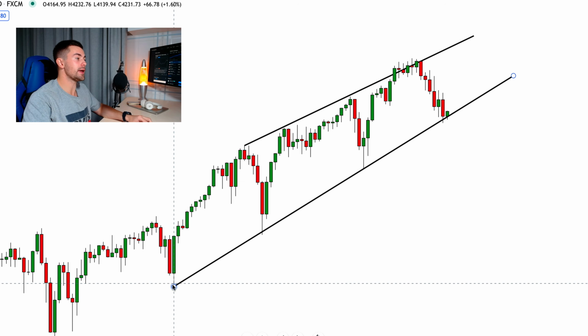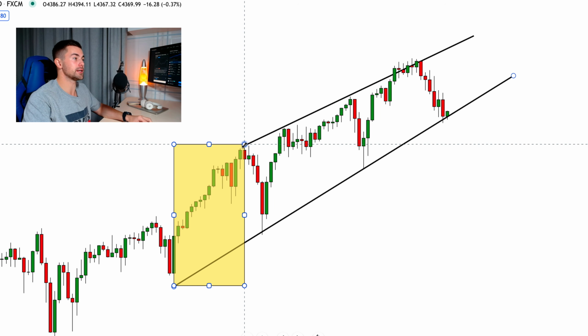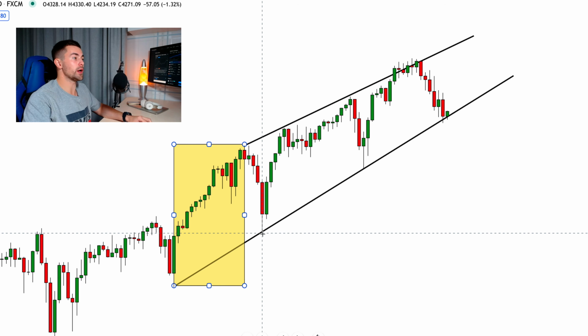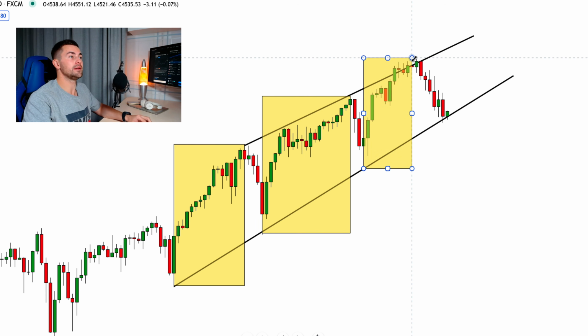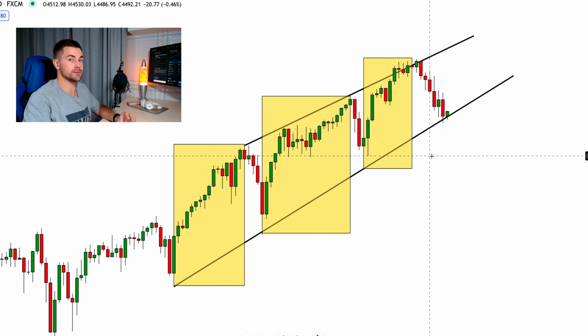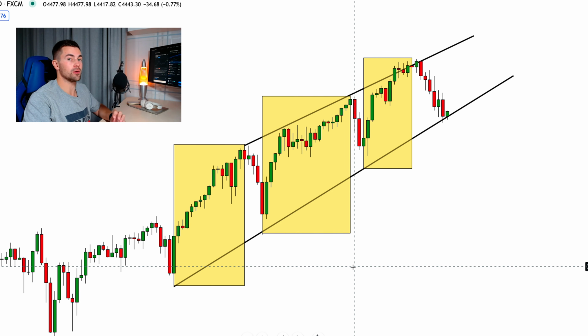If we measure the lengths of the bullish legs within this rising wedge, we will see the contraction, the weakness, and it simply is the warning sign for us that the market is exhausted.